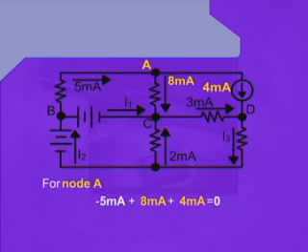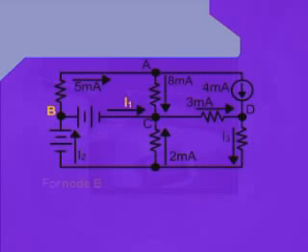You can see the extreme right top corner of the circuit, which is having an independent current source of 4 milliampere value. So it is also regarded as the current leaving the node A. Therefore, we equate this expression to 0.